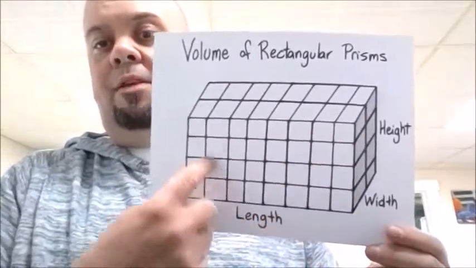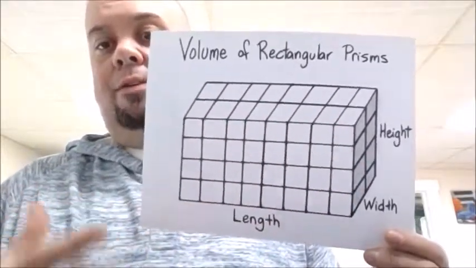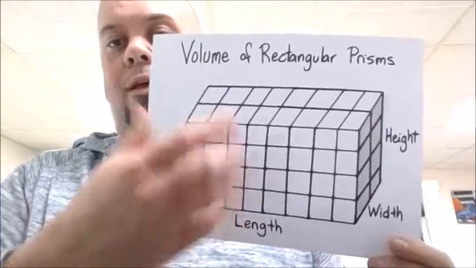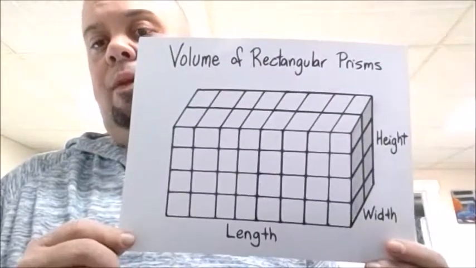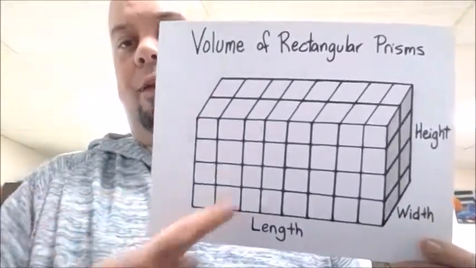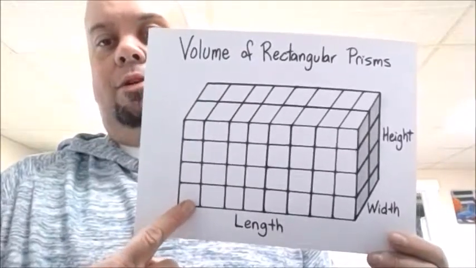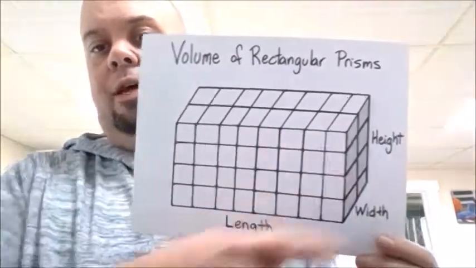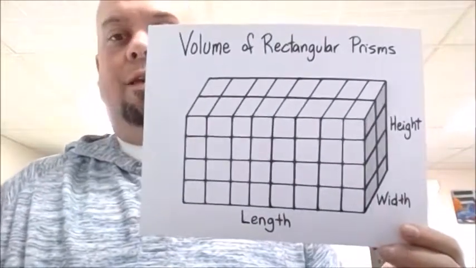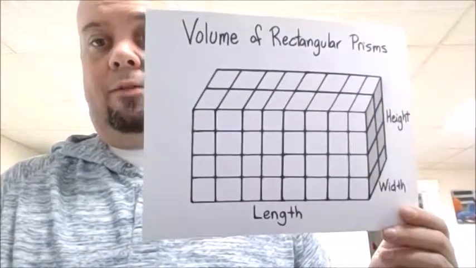And what that means is this figure would have a total of 64 cubes in it that make it up. So today when you're working, you've got some figures that look a lot like this. You figure out your dimensions. Your dimensions are length, width, and height, and then you just multiply them together for your answer.